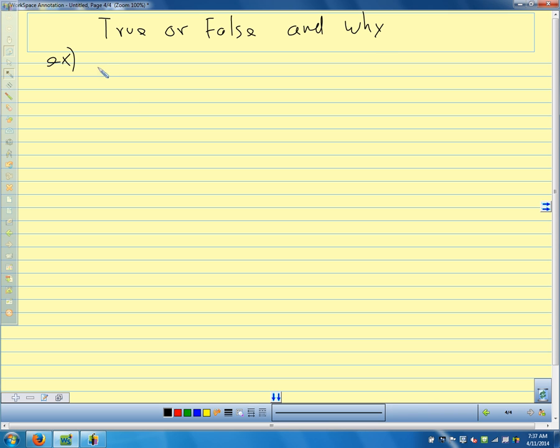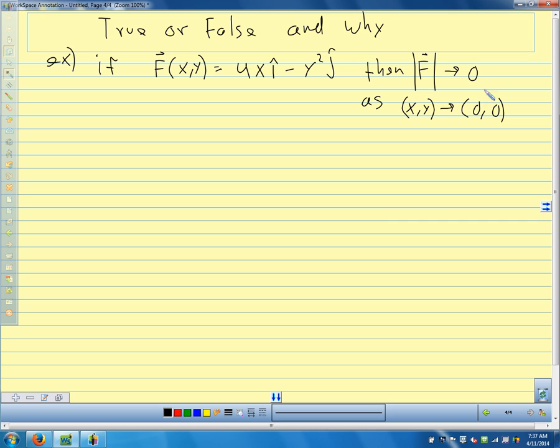So the first one, if we have this vector field F equal to 4x i minus y squared j, then the magnitude of our vector approaches 0 as (x, y) approaches (0, 0). So we want to know, is this true or false?